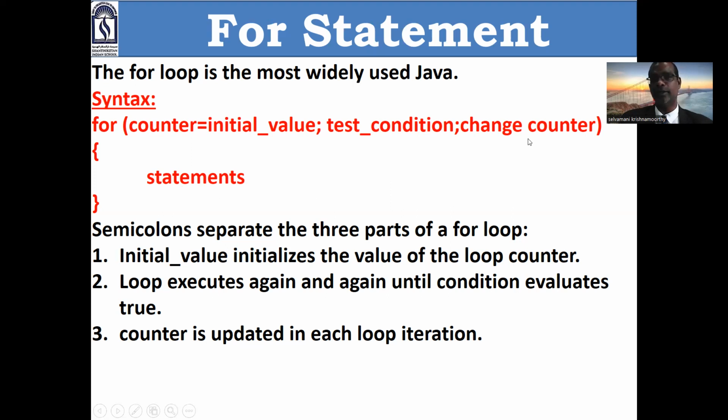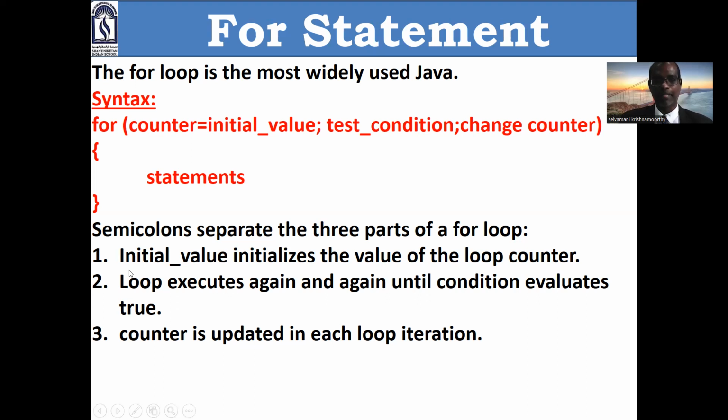After that, the counter is changed, and then the condition will be evaluated. If the condition still gives true, the statement will be executed. Again the counter will be updated, and the condition evaluated. This process continues as long as the test condition returns true. Once the test condition gives false, it stops the iteration.